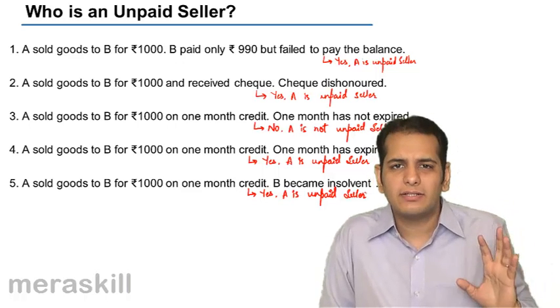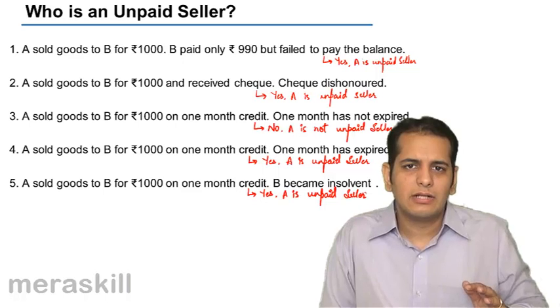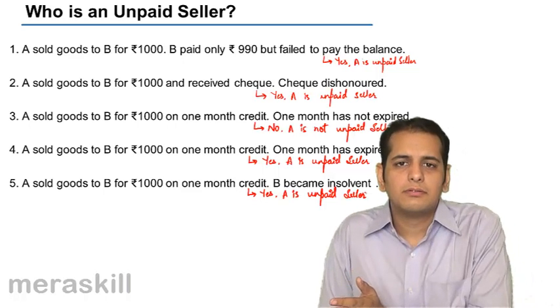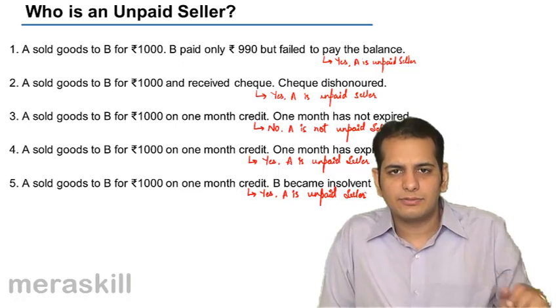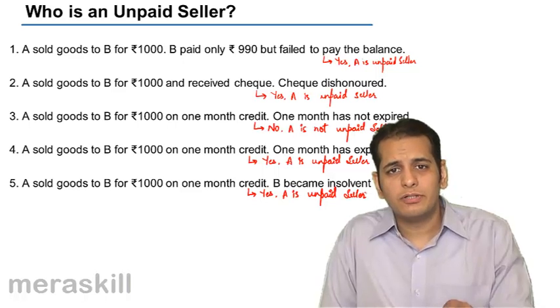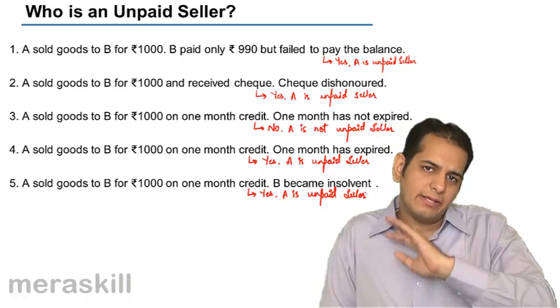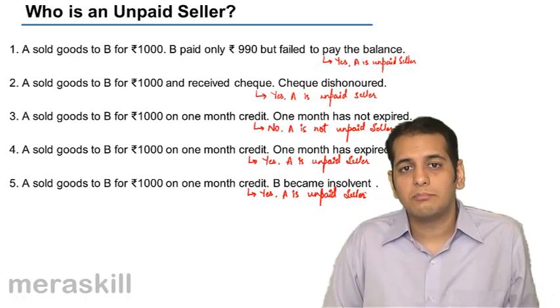It does not matter if credit was given to the buyer and it is still remaining to get over. Still the credit period has not lapsed. If the buyer becomes insolvent, from that date the seller will be called an unpaid seller.